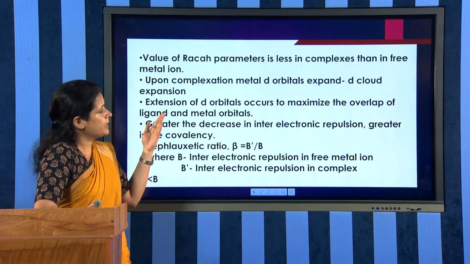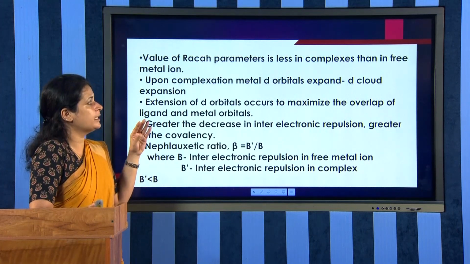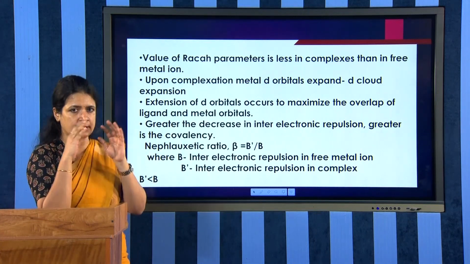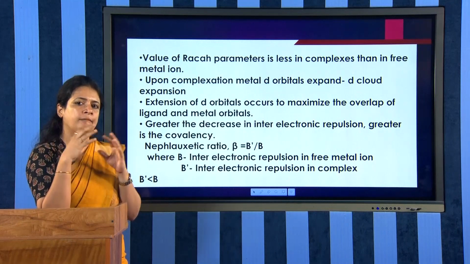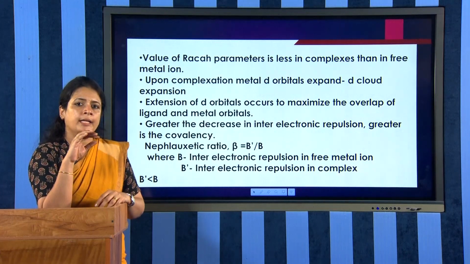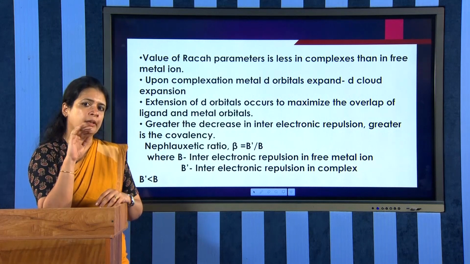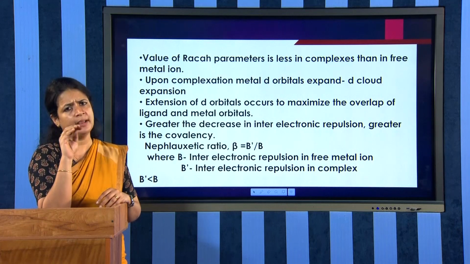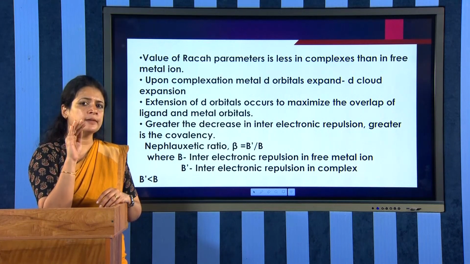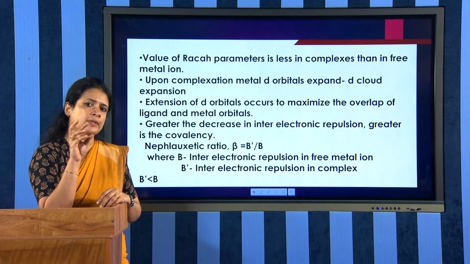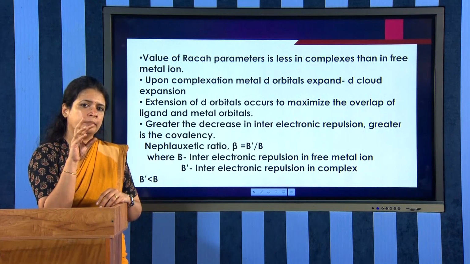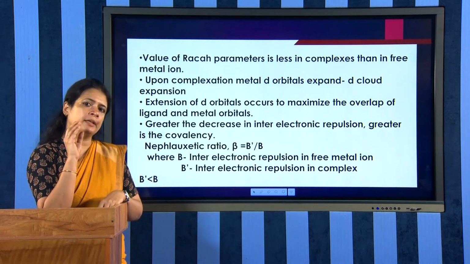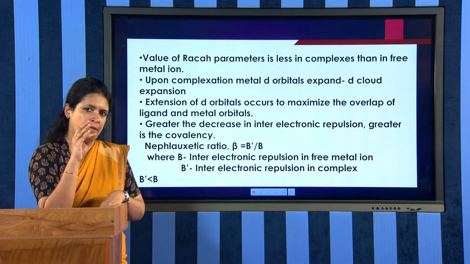And upon complexation, these metal orbitals expand. See, the metal d orbitals have a particular shape, as discussed earlier, with the electrons inside. In the absence of any complexation, when the metal ion is in a free state, the metal orbitals will be oriented in a particular direction, and with that there will be interelectronic repulsion.